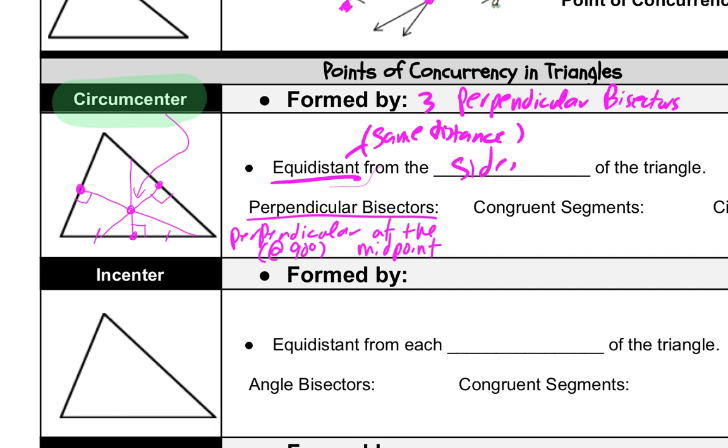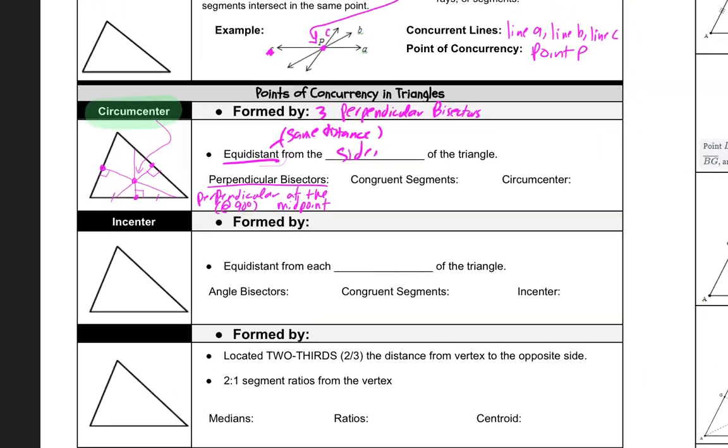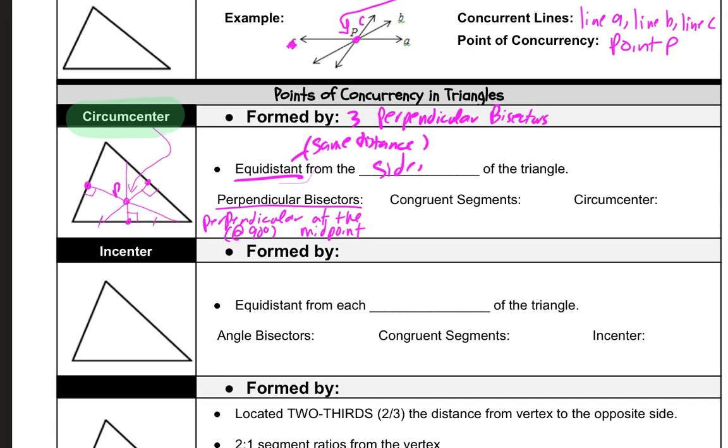Actually, this length right here is going to be the same as that and the same as that. If we drew it absolutely correctly, then those would be congruent. The circumcenter on this one, if we put a P there, we call that point P. So the circumcenter is where they meet.